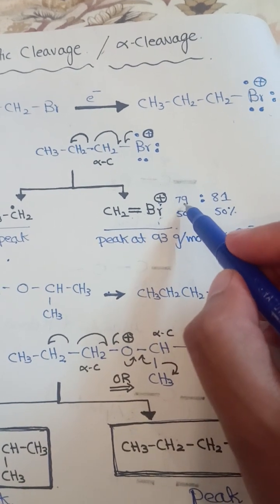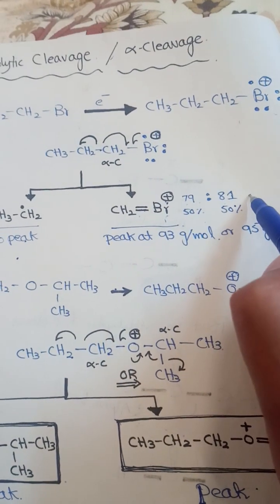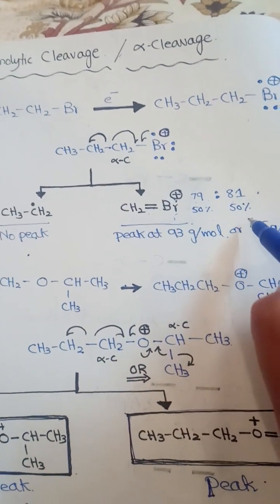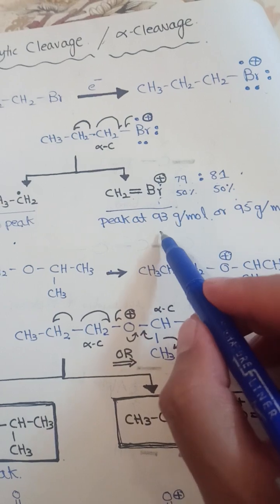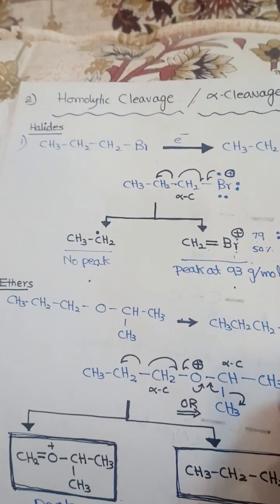So this bromine, either it is 79 which is 50% abundance, and the 81 isotope is also 50% abundance. Therefore we get two peaks, one at 93 and the other at 95 gram per mole.